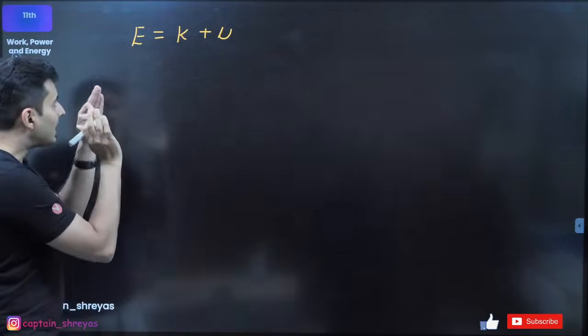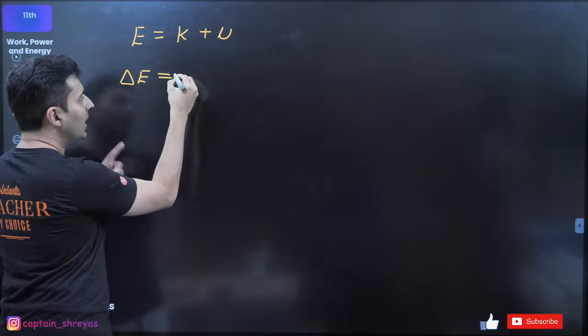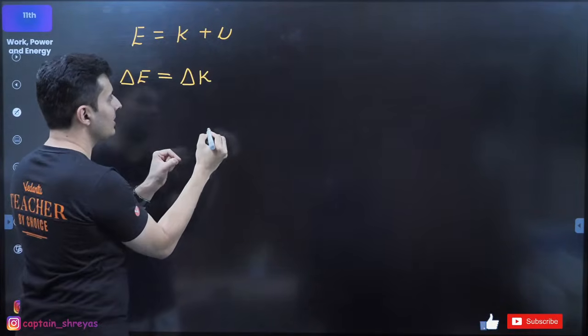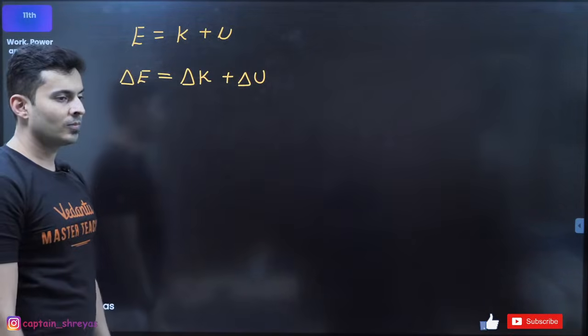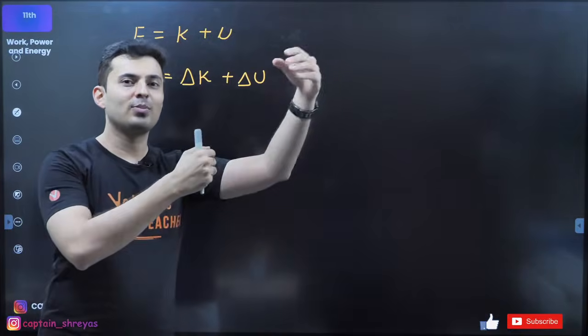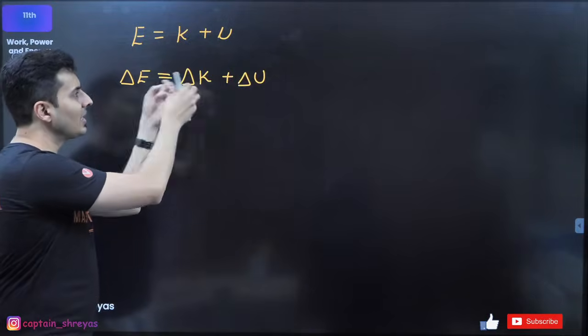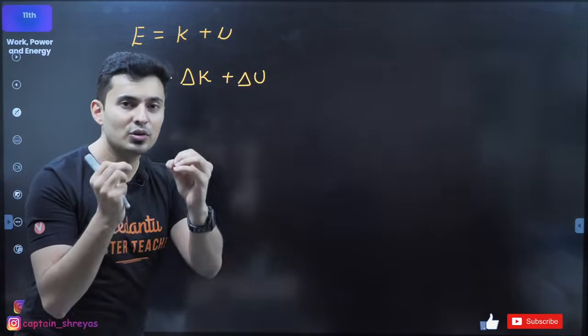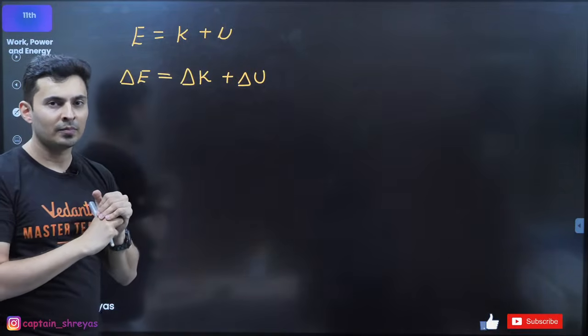Now, if I measure the change in the mechanical energy, I'll have to see how much the kinetic energy has changed and how much the potential energy has changed. If kinetic energy changes by 2 joules and potential energy changes by 3 joules, then 2 plus 3, which is 5, will be the joules of energy which has changed in the mechanical energy.